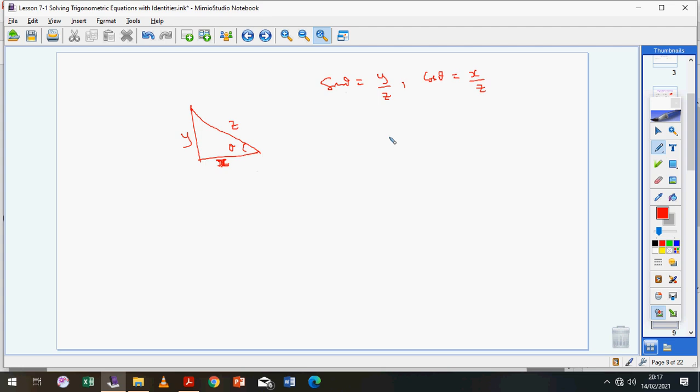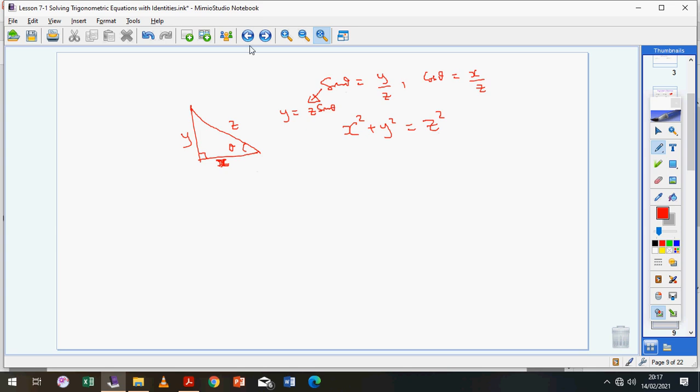And if you look at that triangle, since it's a right angle triangle, if we apply Pythagoras theorem, then x squared plus y squared is equal to z squared. So if I substitute for these functions, from sine theta is equal to y over z, I can see that y is equal to z times sine theta when you cross multiply.